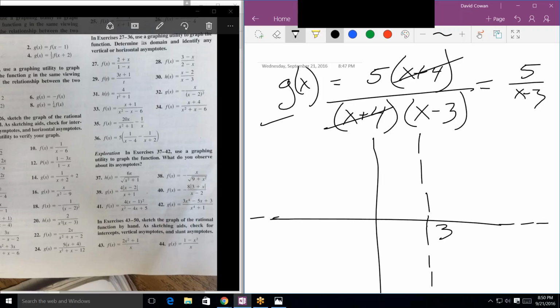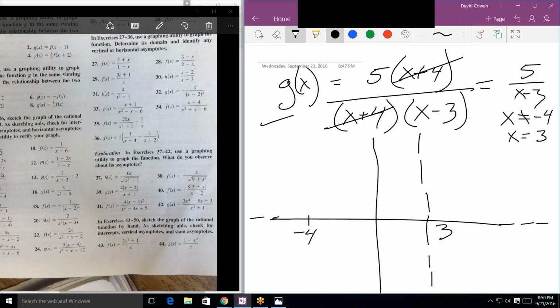In the original function, x cannot be minus 4. So even though I've modified the function, I still have to carry forth that domain restriction. x also cannot be 3, but we're looking at that as a vertical asymptote. Whereas at minus 4, it doesn't show as a vertical asymptote, it shows just as a hole.